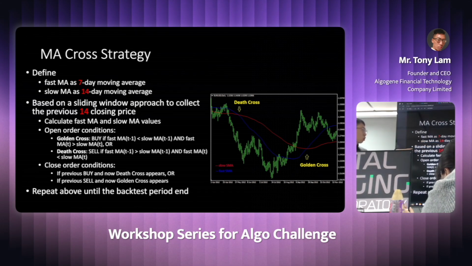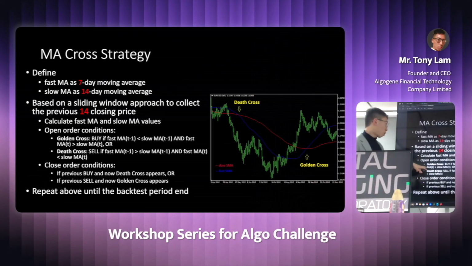Then we will use a sliding window approach to collect the previous observations. Here, because we take the maximum of these two numbers, it is the previous 40-day observations. Then we calculate the fast MA and slow MA values, and compare the two values to see whether we have a golden cross or dead cross signal.